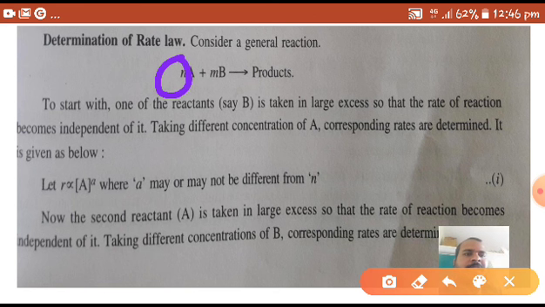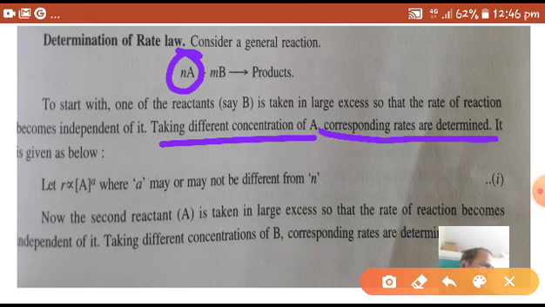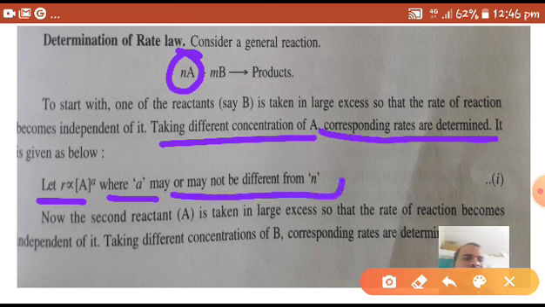Here I am taking B in excess, so that the rate doesn't depend on B. It only depends on the remaining reactant, that is A. Taking different concentrations of A, the corresponding rates are determined. Rate is determined with respect to A only. So let rate be directly proportional to [A] to the power of a, where a may or may not be different from n.